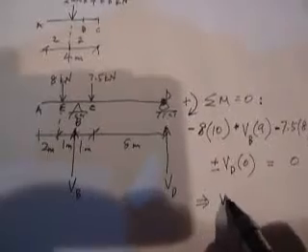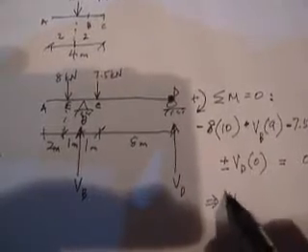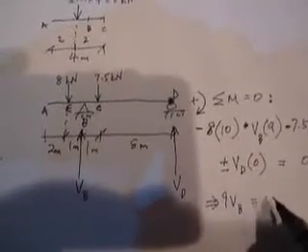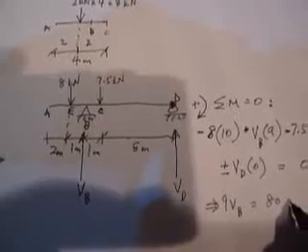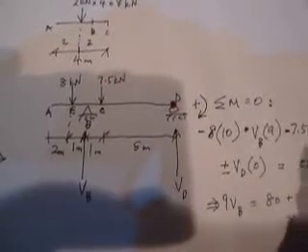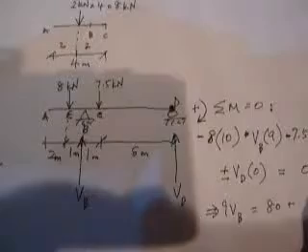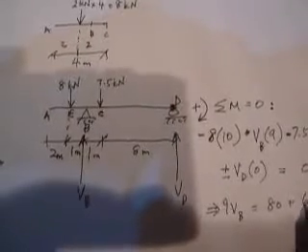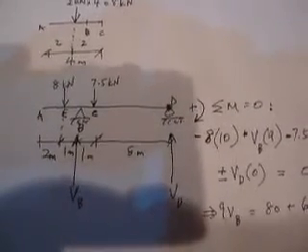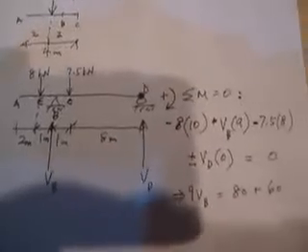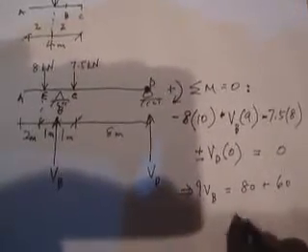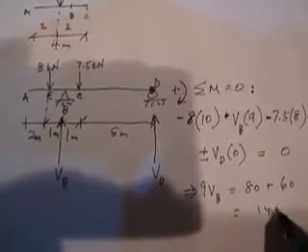Okay, 9VB equals 80 plus, what is that, 56 plus 4 is 60, so that's 140.